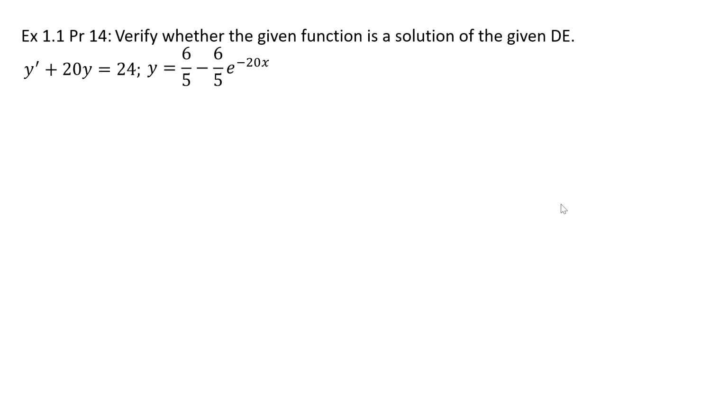You may need to do some preparatory work. As in what? Here we are given y equals 6/5 minus 6/5 e to the negative 20x, but we need a y prime. So we actually need to find the derivative of y and plug that in for y prime. And for y, we can plug in 6/5 minus this stuff. Okay, that's exactly the process.